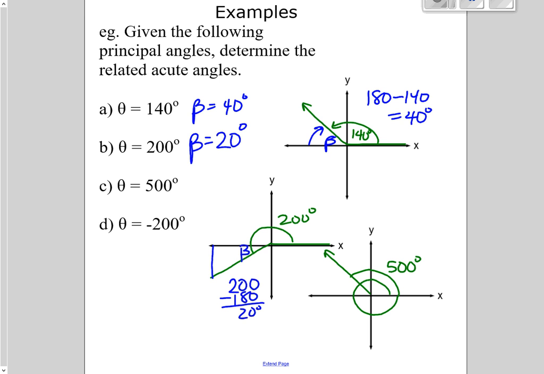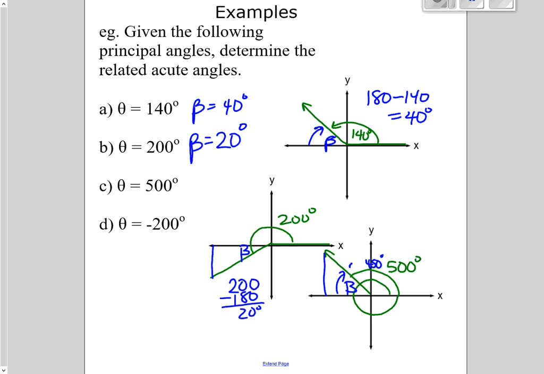Okay, so the related acute angle that I'm looking for is going to be this beta down here in the corner. So from here to here. I had said when we went around all the way back to the x-axis was 360. Then we added another 90. So up to here it was 450. And then this part got us to 500.